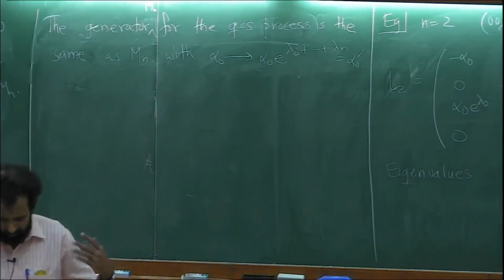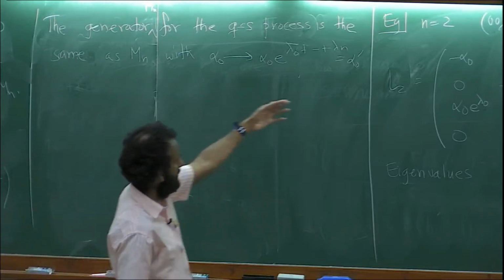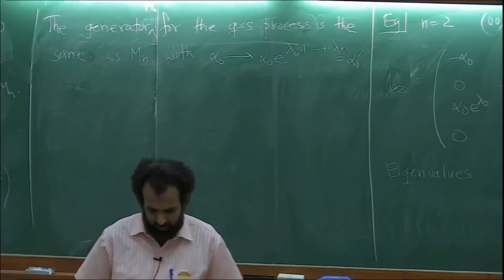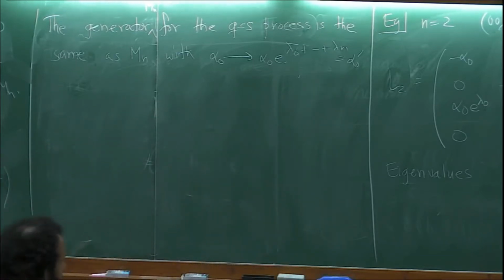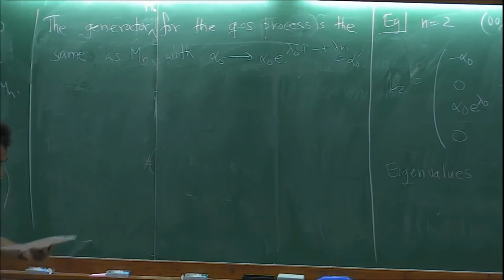So if I look at the quasi-stationary process, it has exactly the same properties as the original process. In particular, the stationary distribution for that process is a product measure with densities given by this, where alpha naught prime plays exactly the same role as alpha naught. And so that's also a nice property that pops out from this dynamics.